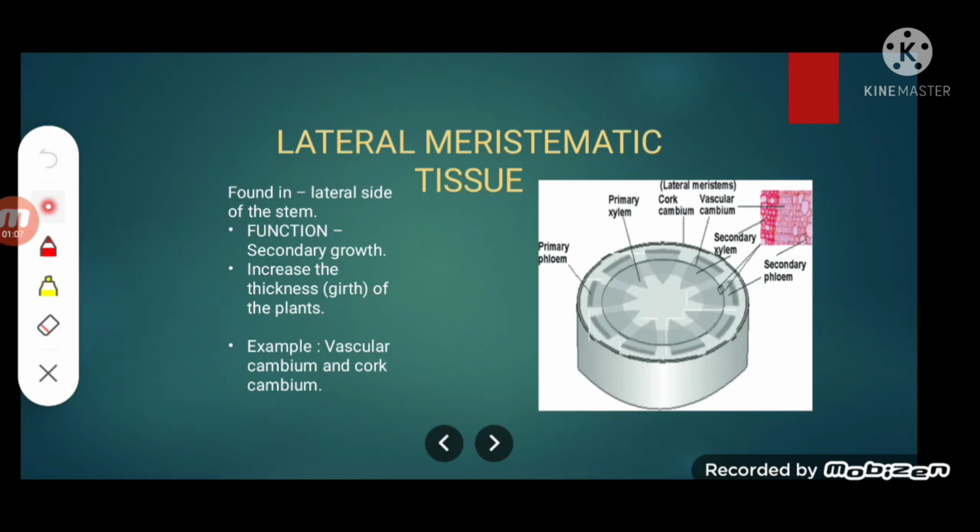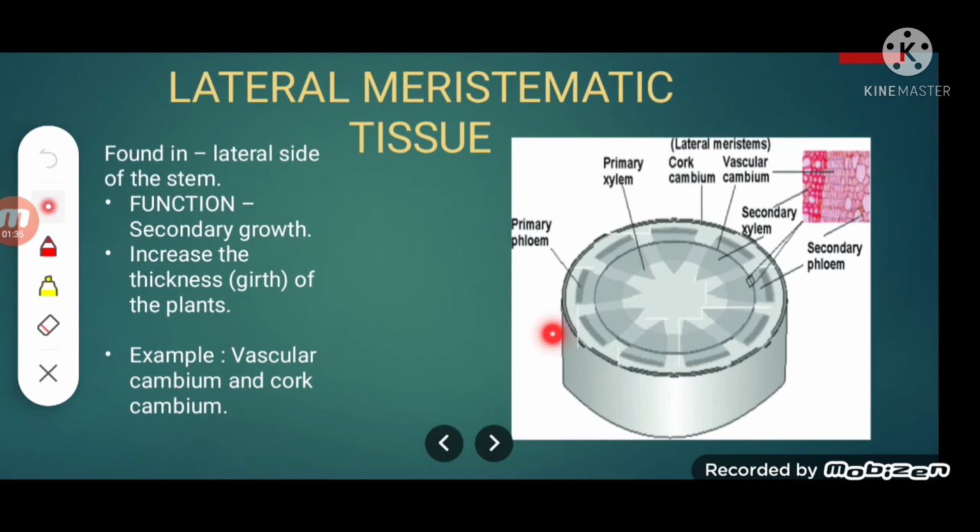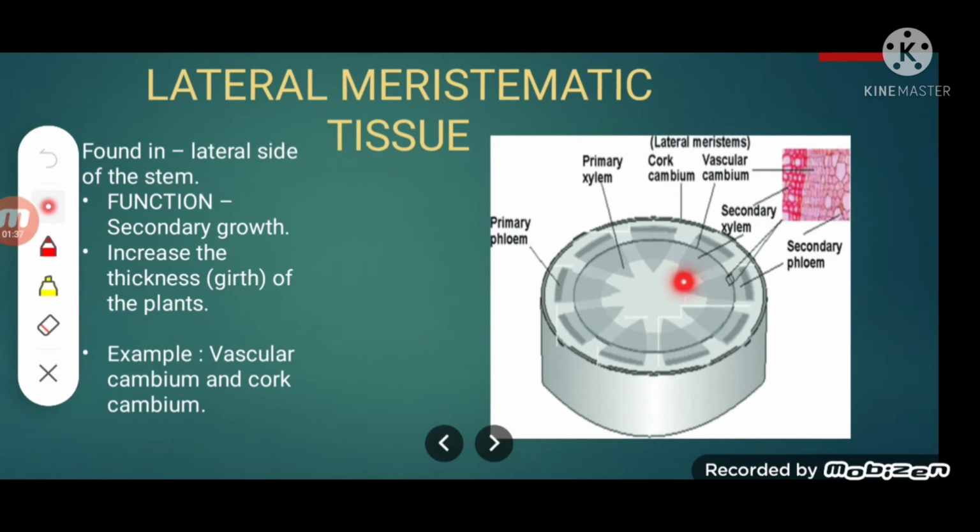In apical meristematic tissue, we saw that because of them the tree grows in height, upwards and downwards, in the shoot tip and root tip. But in lateral meristematic tissue they give thickness, meaning the girth of the tree will increase. They give lateral growth.